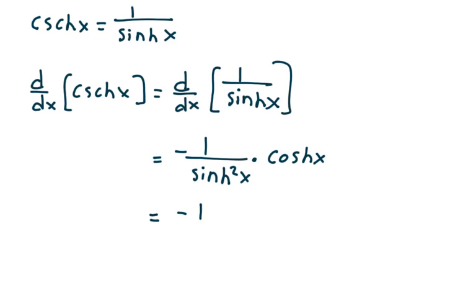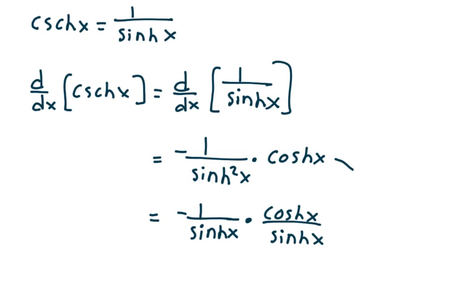But this is negative 1 over sinh x. So I'm going to do a tiny bit of manipulation here. And I'm going to multiply by cosh x divided by sinh x. So you notice how these two lines match up exactly. I just rewrote the third line in a different way.